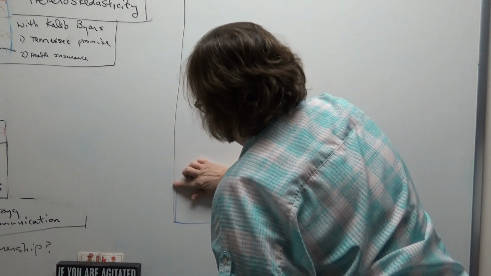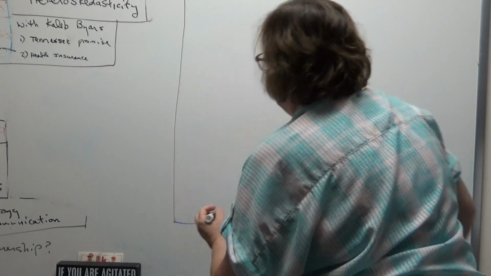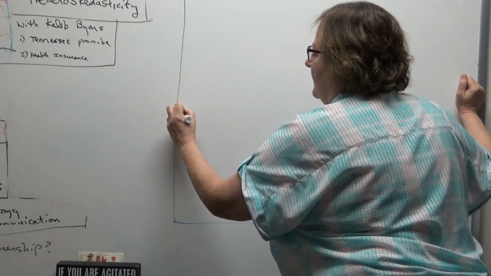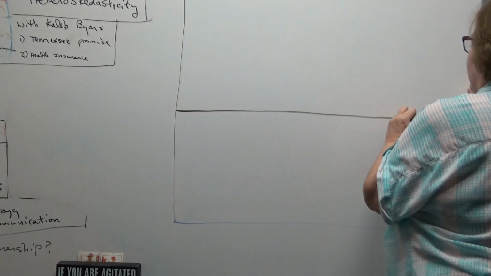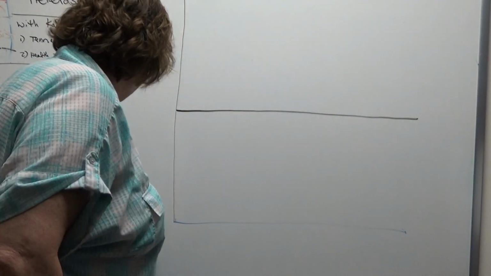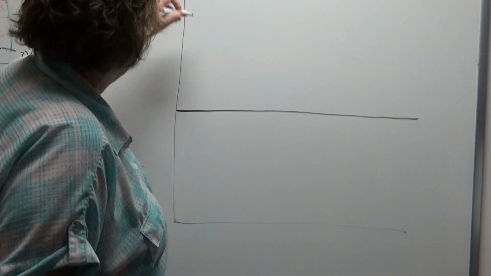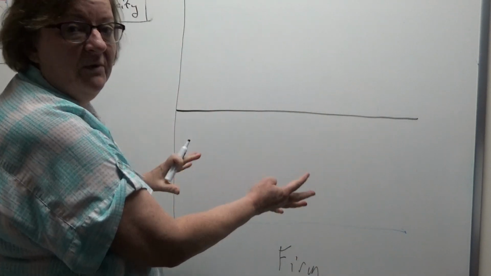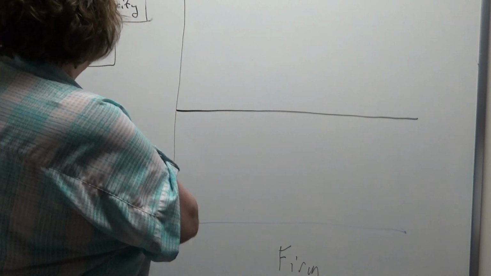Not too bad. Okay, so perfect competition. We have a situation where there are actually two markets. One for the firm, which is the main one we look at, and the one for the market.